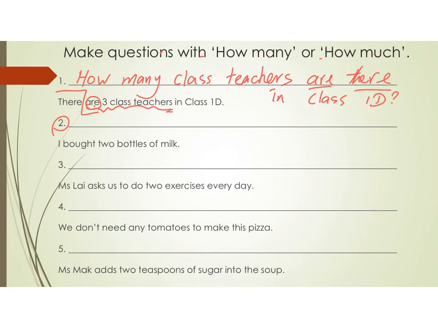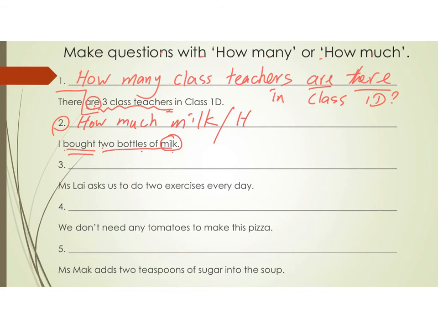Number 2. I bought 2 bottles of milk. So this time you are talking about milk. And then the verb is bought and it is in the past simple tense. Okay, milk. So you've got to say how much milk.